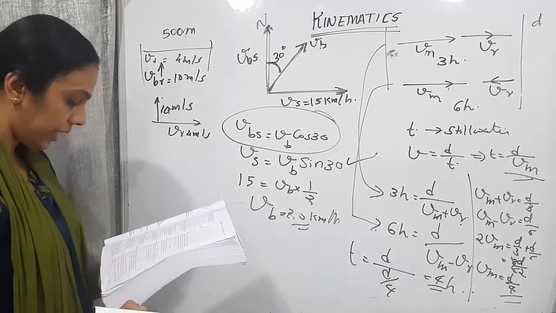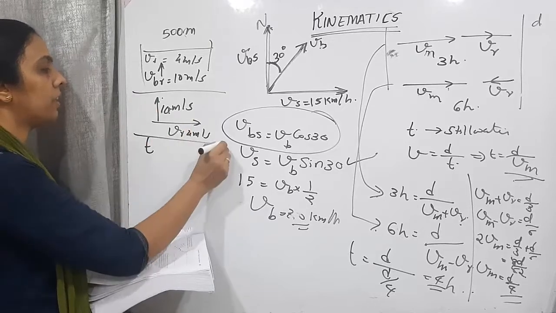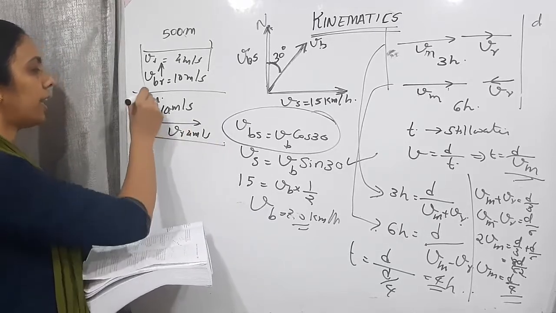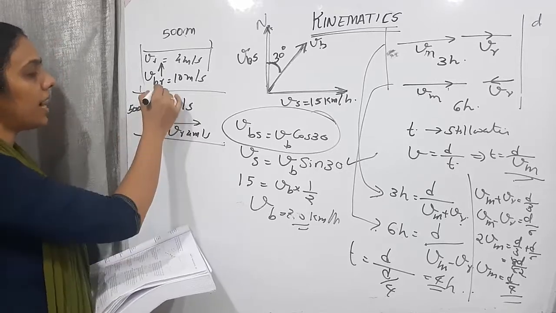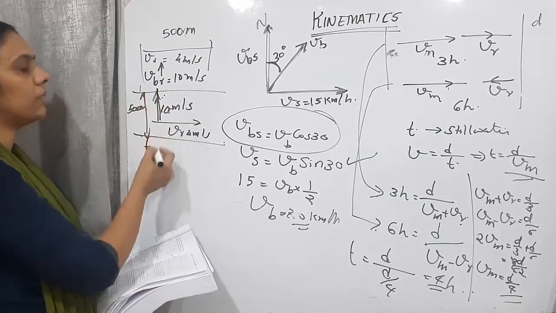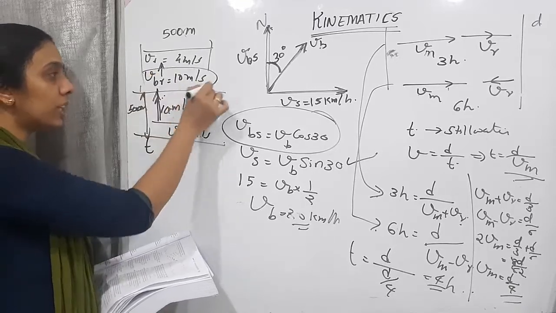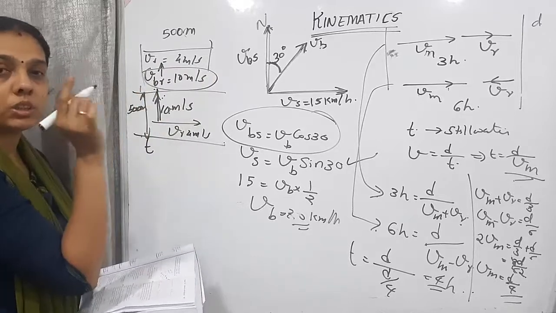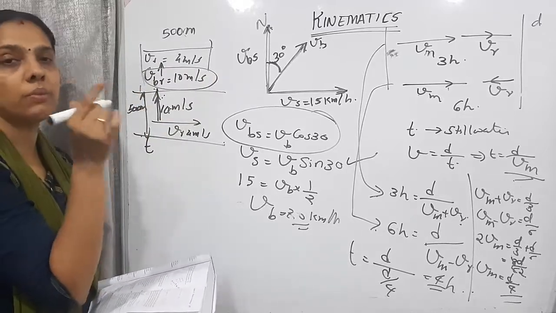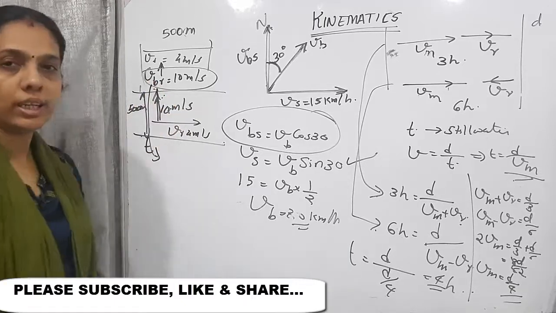We need to find the time taken by the boat to reach the opposite end. This is the width, 500 meters. The distance covered is given, and the velocity also, the velocity of the boat with respect to the river, not the velocity of the boat alone. If the velocity of the boat alone were given, we would need to find VBR. Here VBR is given.